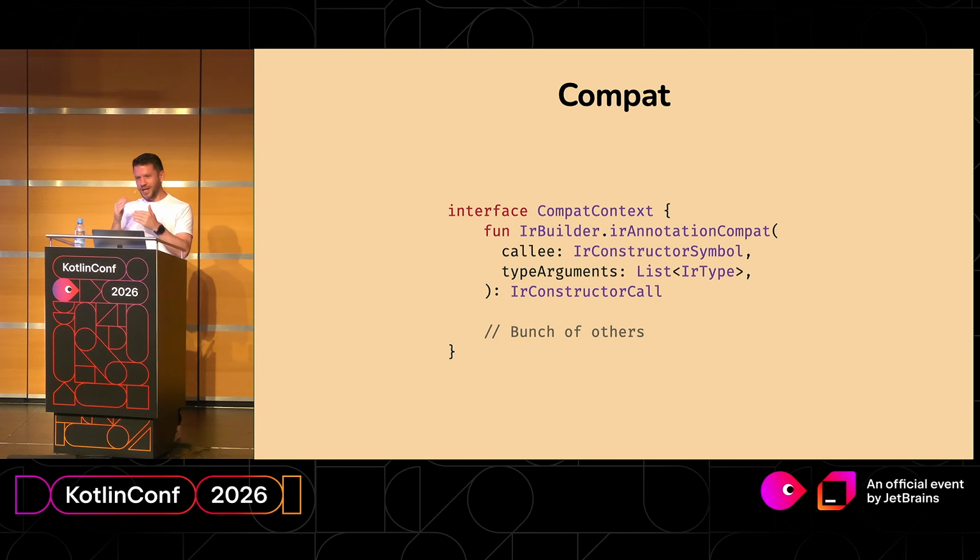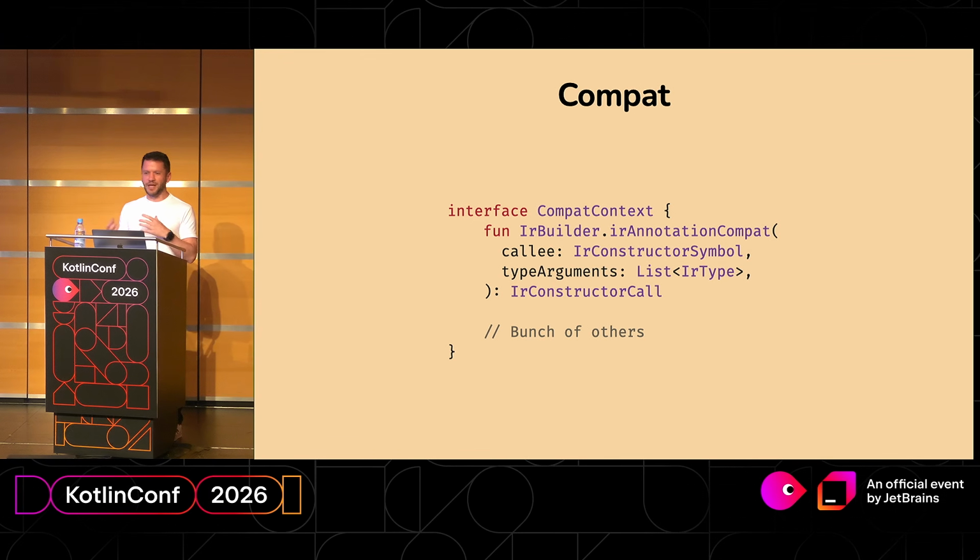there are ways to check at runtime what version of Kotlin you're running in. Android Studio in the latest Quail version reports 2.4.255, which is not a real version. So we had this compat context interface.